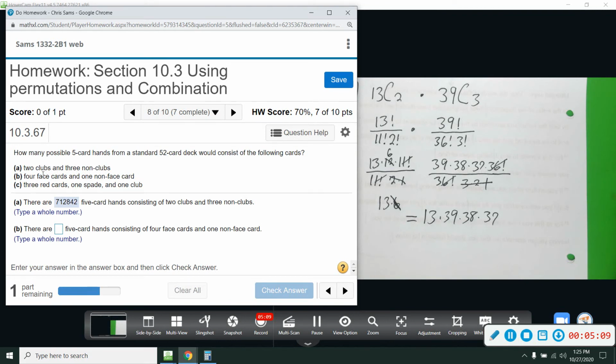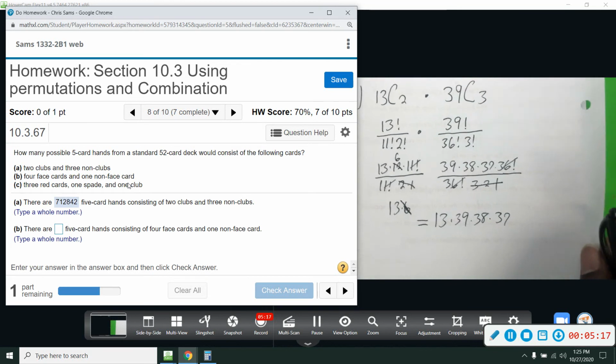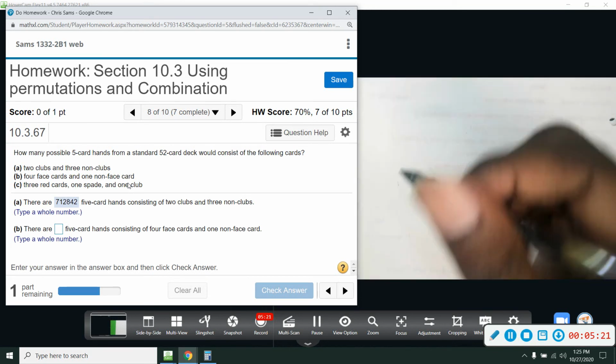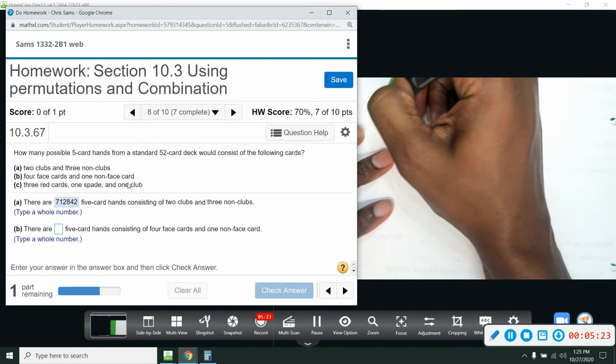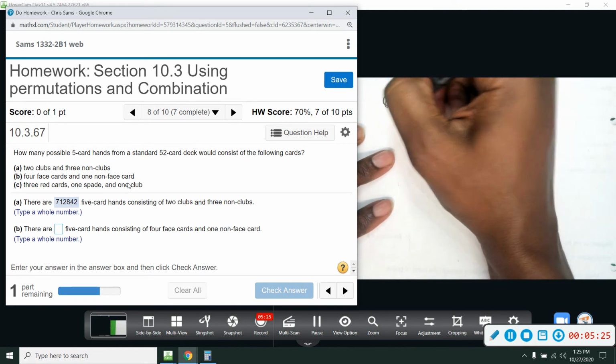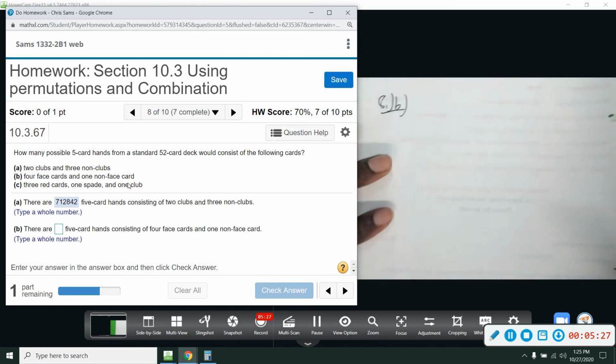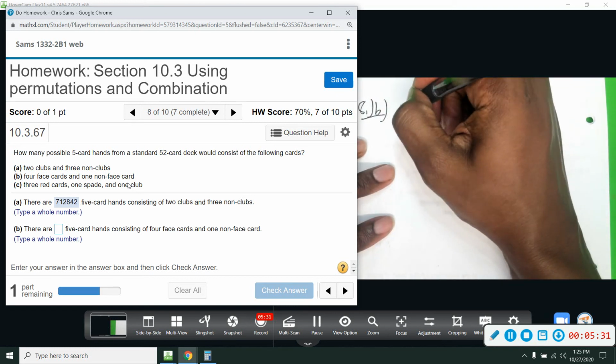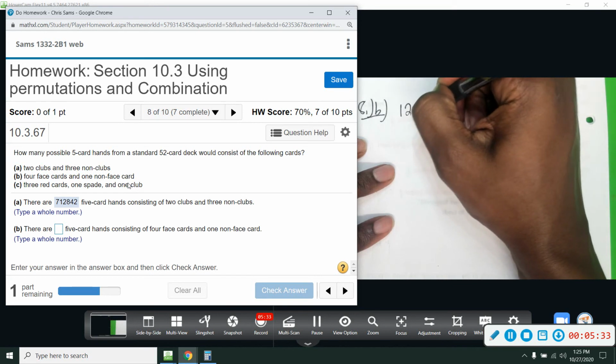B, 4 face cards and 1 non-face card. So again, I have to break these down into 2 groups, face cards and non-face cards. This is 8B. Face cards, there were 12, and we want 4.